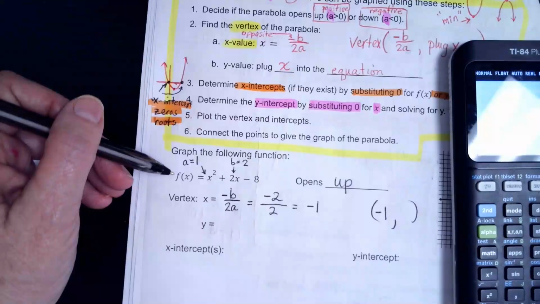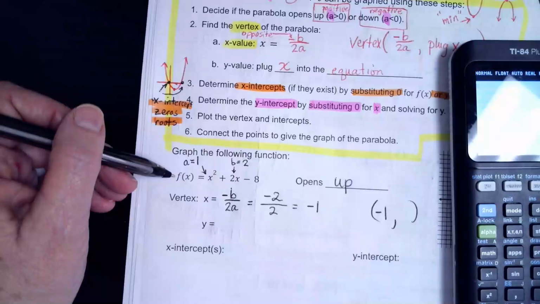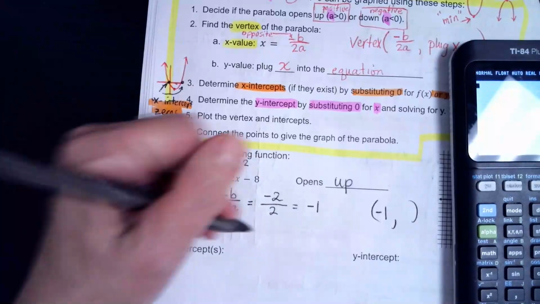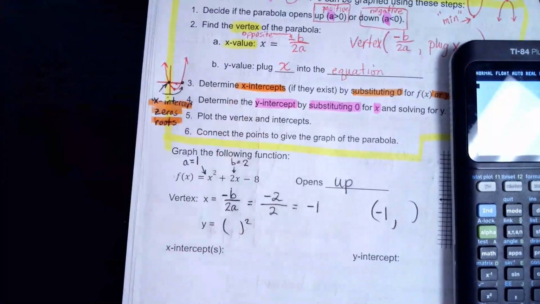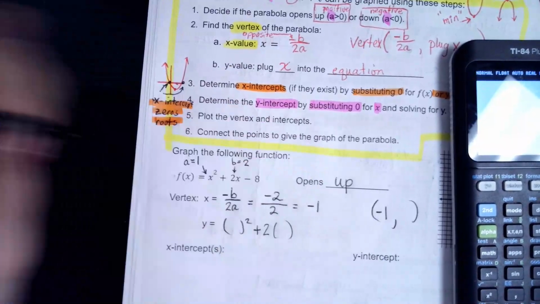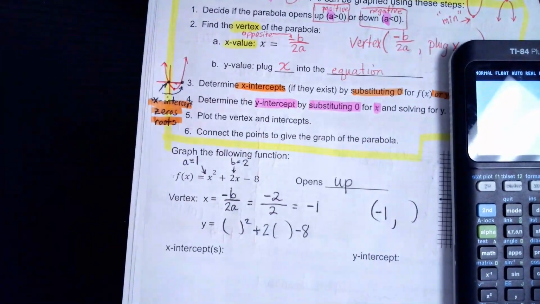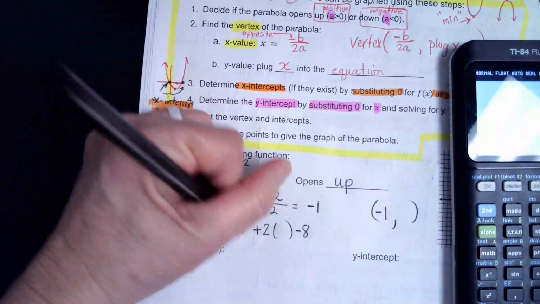Right here, the function said f of x. So Fred's playing. What was Fred's rule today? Something squared plus 2 times something minus 8. And what am I going to plug in? -1.